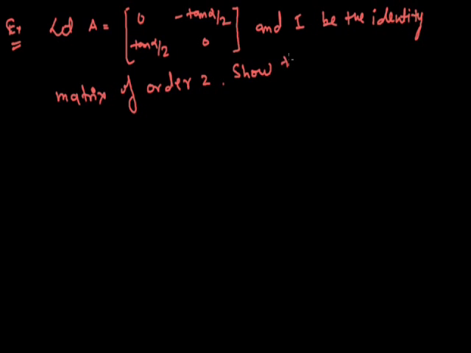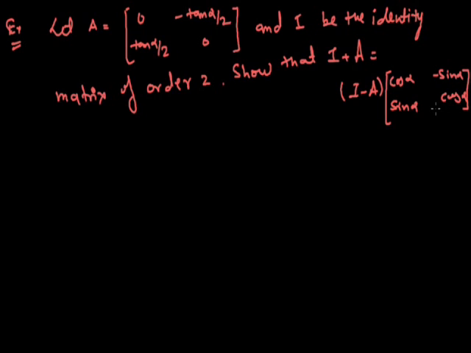Show that I plus A equal to I minus A times the matrix cos alpha, minus sin alpha, sin alpha, cos alpha. It is given in the question.